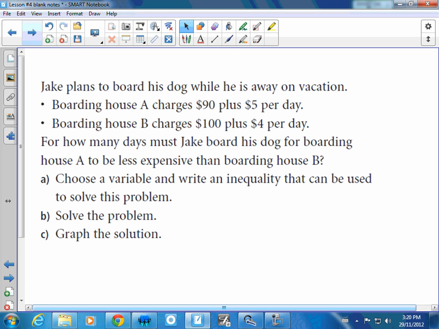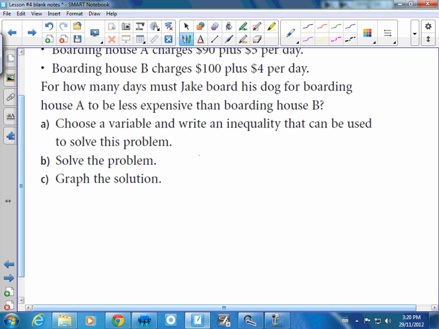No, the days. You have one dog. If you put it there for 5 days, 10 days, 20 days, are you going to get different amounts? Okay, so we're going to define our variable as D equals number of days.